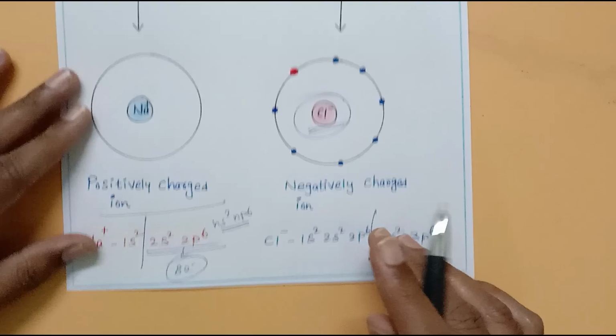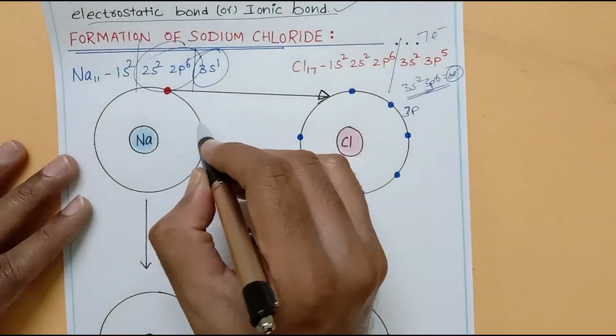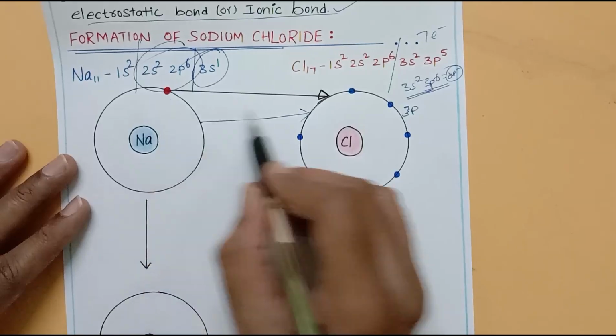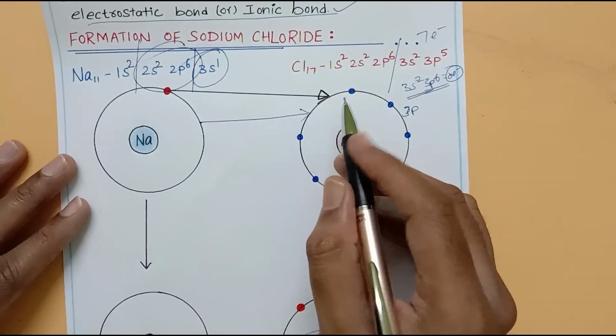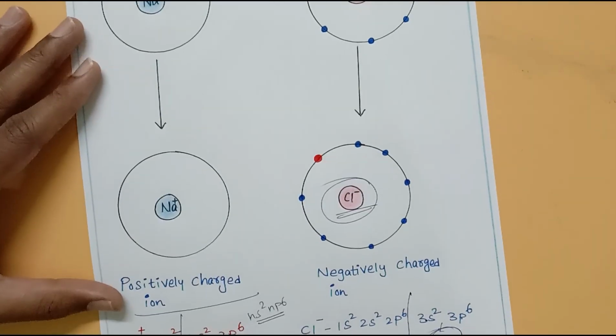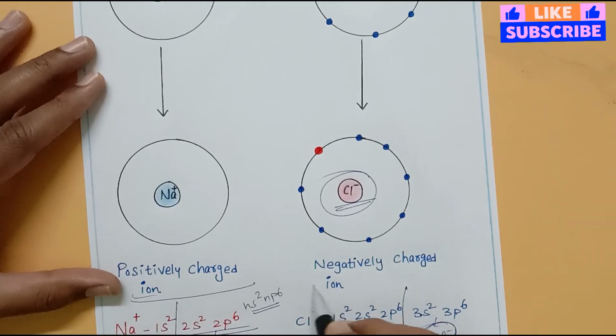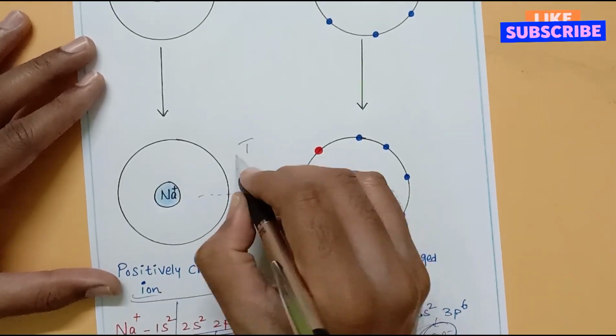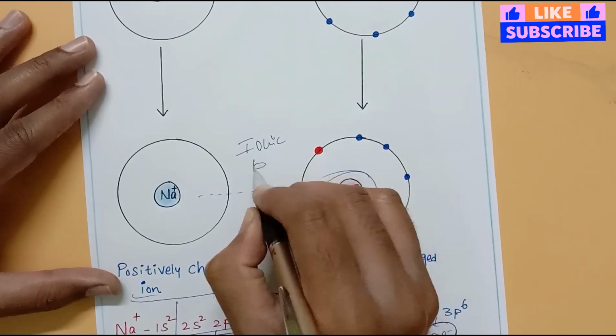By this transfer of an electron from the valence shell of sodium to the valence shell of chlorine, a positively charged ion and a negatively charged ion are formed. There is an electrostatic attraction force and an ionic bond forms between them.